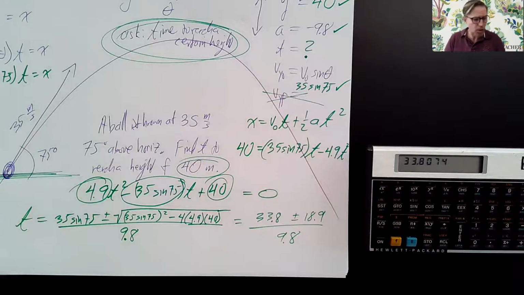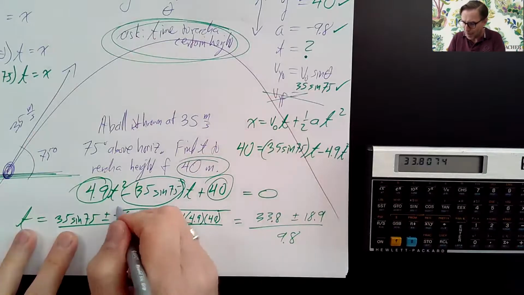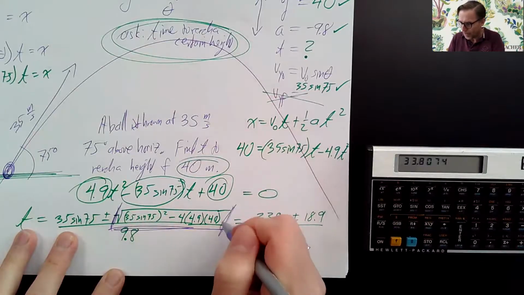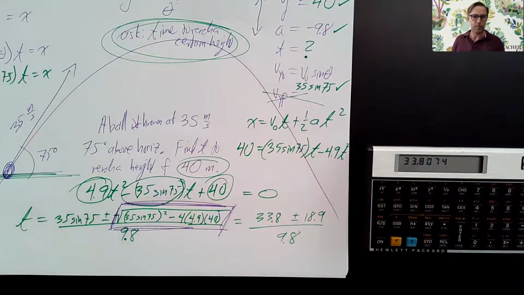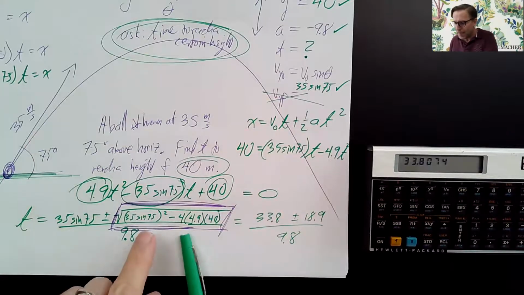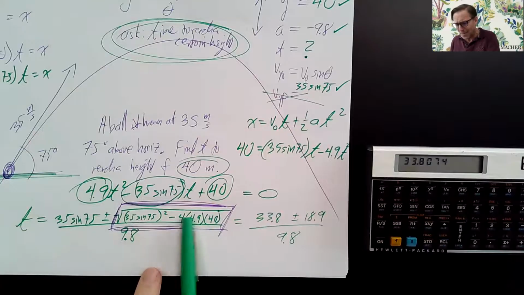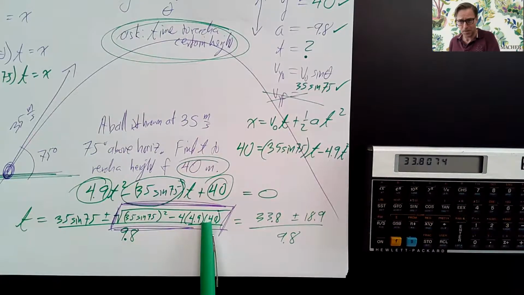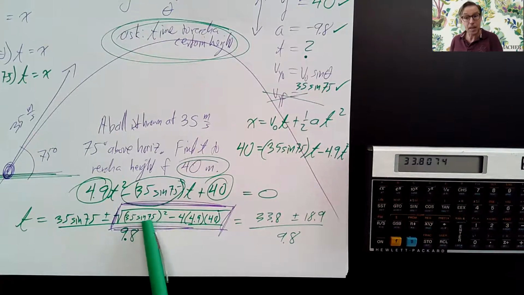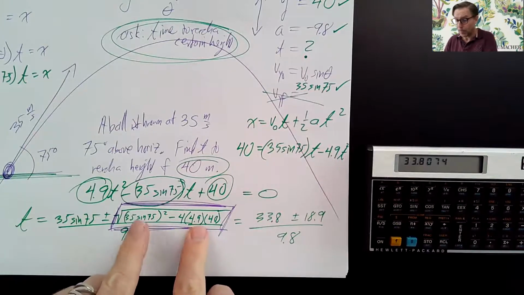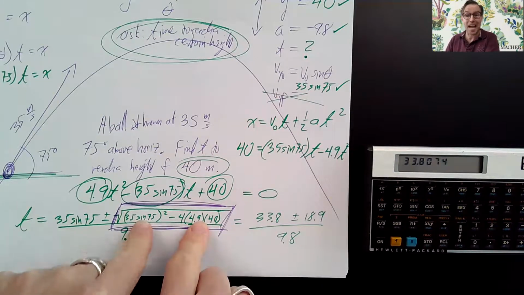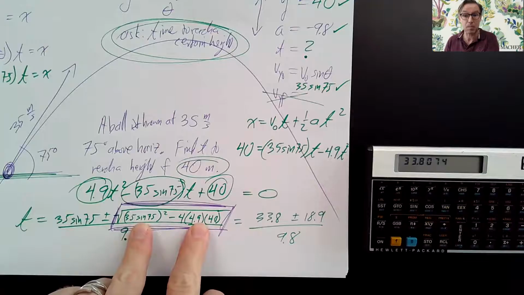But what I want to call your attention to is this part right here, the square root. The stuff inside the square root. Ooh, if this had been bigger or this had been smaller, it's possible for these two parts to have been exactly the same size.